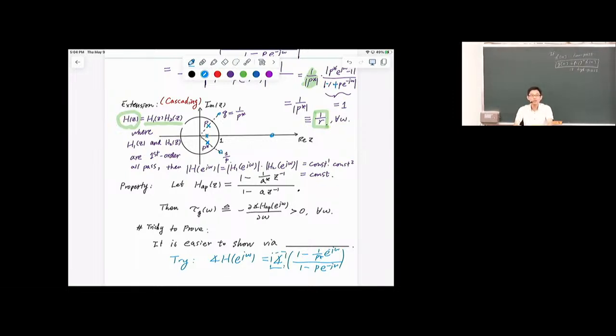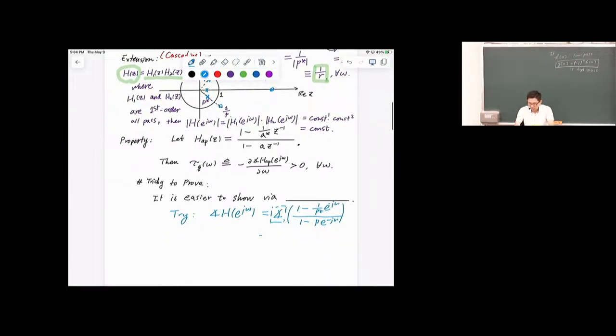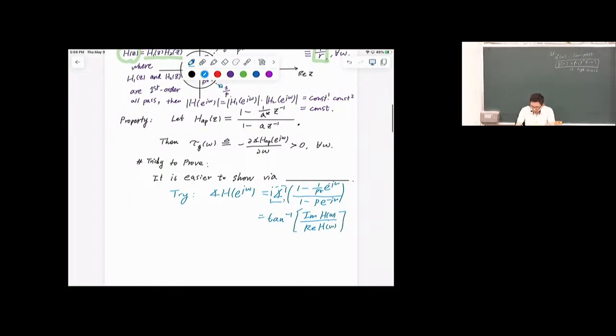If you are really serious about this, you can derive an explicit expression for that as a function of omega, and then follow that by taking the first derivative to see if it's always negative, if the slope is always negative.